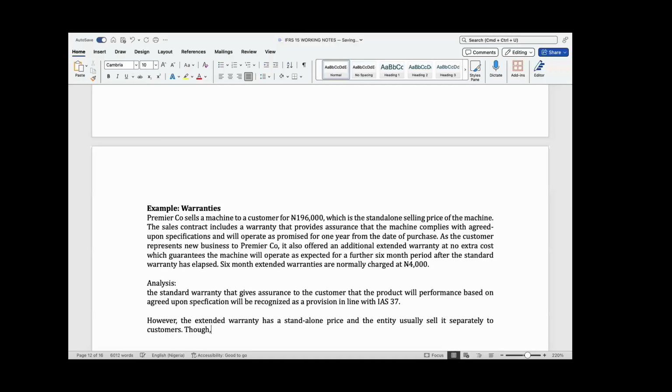Though it is given to the customer free, it is a separate performance obligation, and revenue must be recognized for each separate performance obligation.